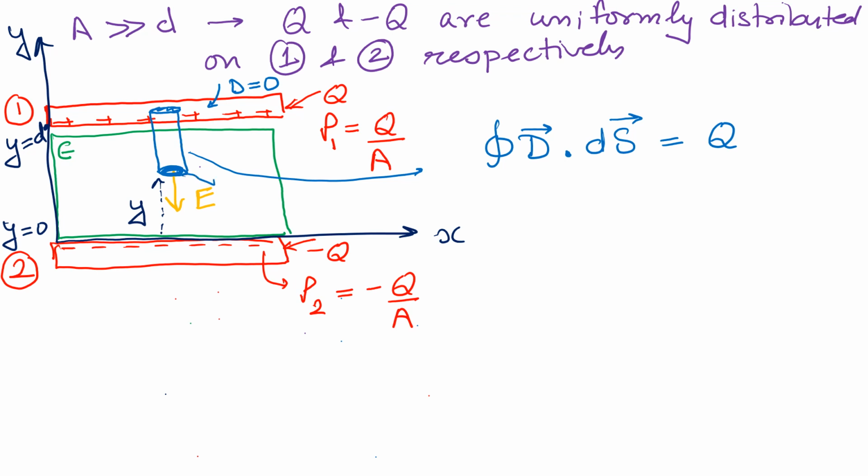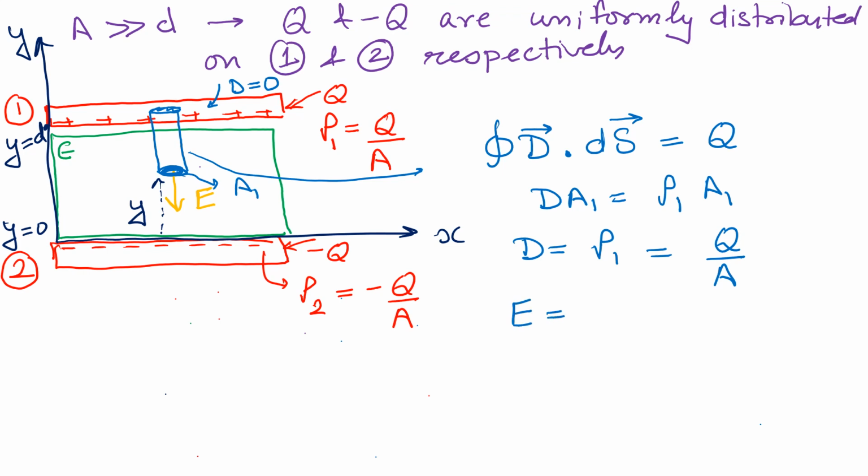If this face has an area A1, we can write D dA1 is equal to rho 1 A1, or D is equal to rho 1, simply Q by A. Once we know the value of D, E is very simple to calculate.